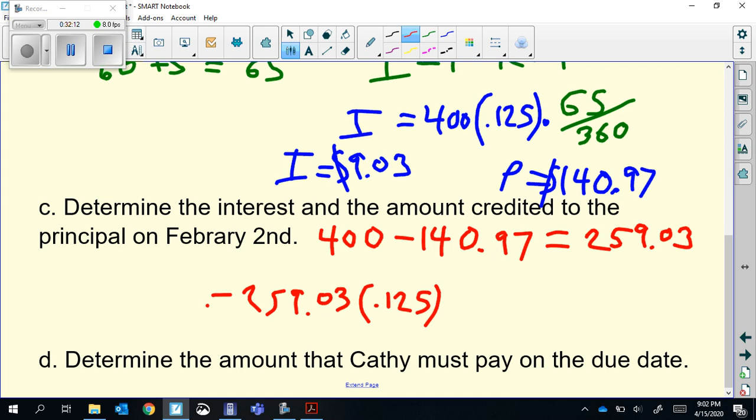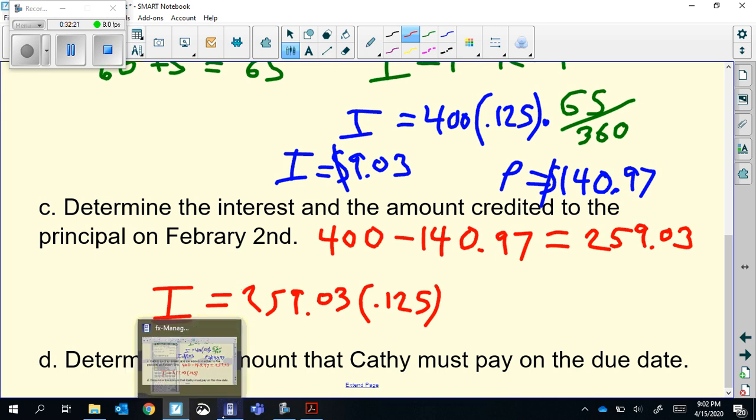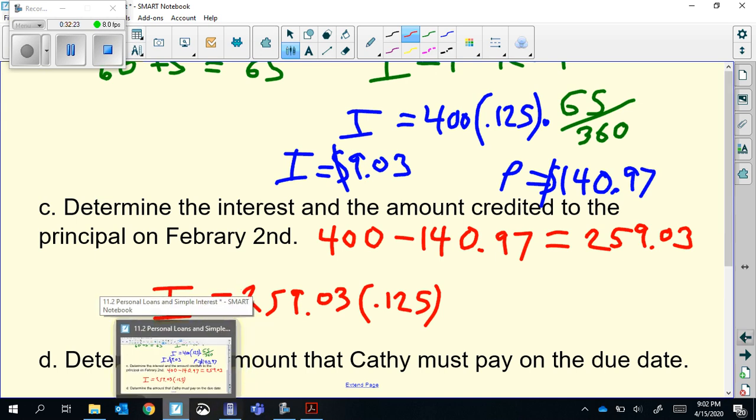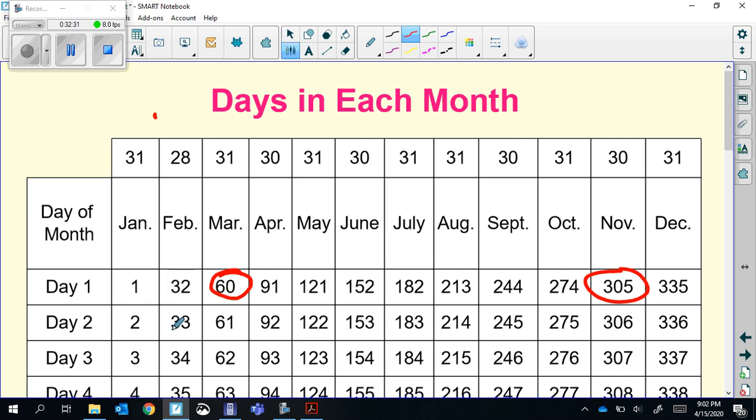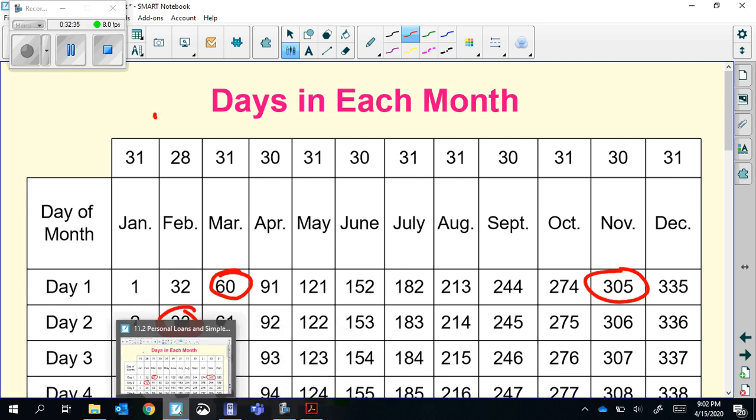And now we need the time again. So this time we're going from January 5th to February 2nd. So let's go back to our chart. January 5th is day 5. February 2nd is day 33.